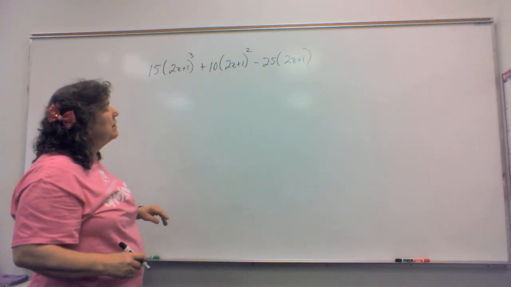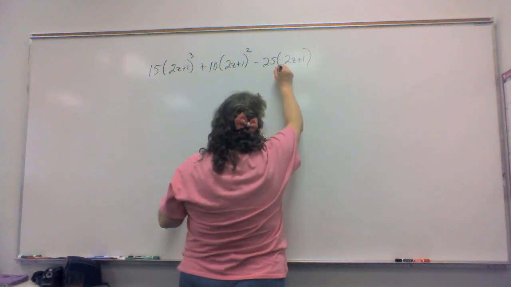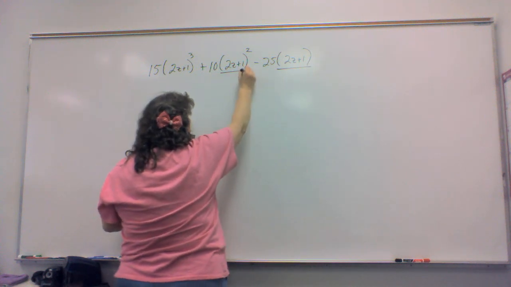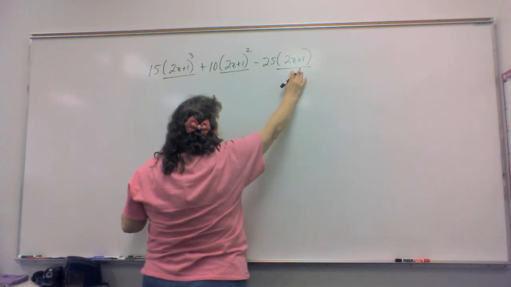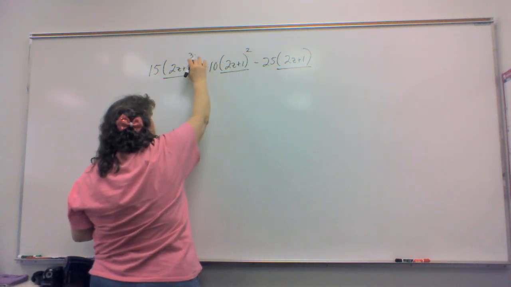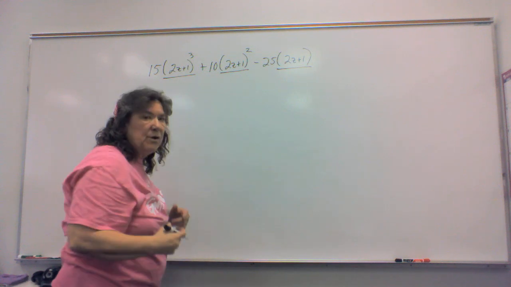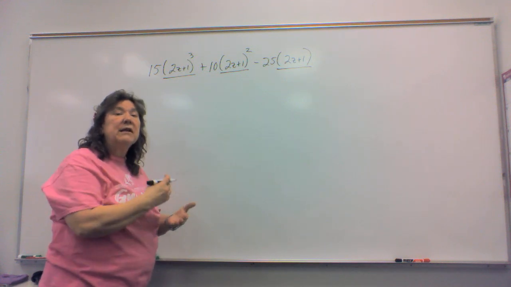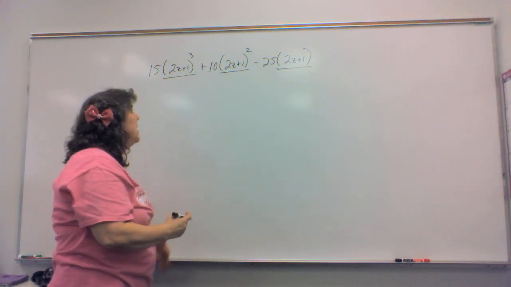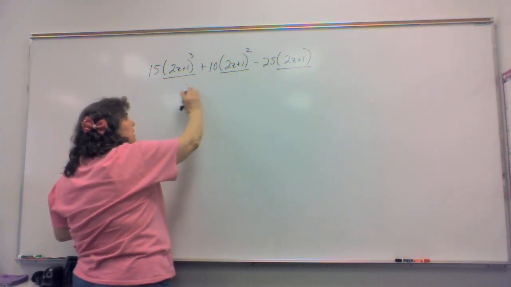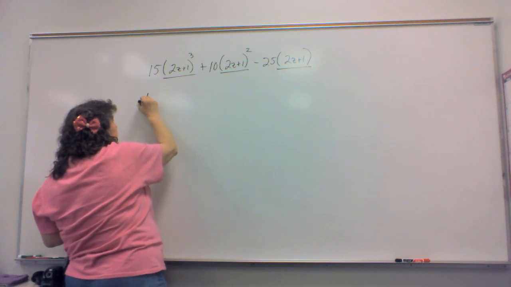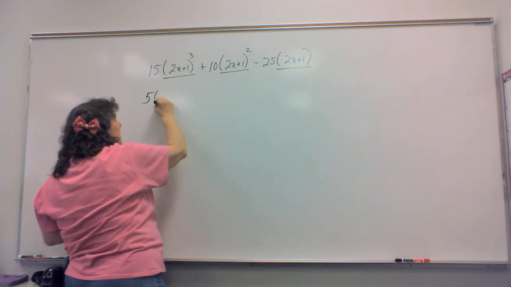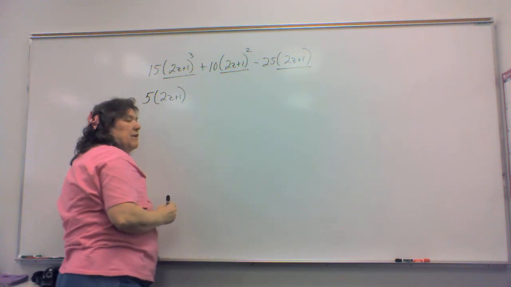As you can tell, my 2z plus 1 is my common factor, but here it's to the power of 1, to the power of 2, and to the power of 3. So when we go to pull it out, we're going to have to treat it like a variable and deal with the powers. So I have 15, 10, and 25. So my common factor is 5, and 2z plus 1 is that common factor.